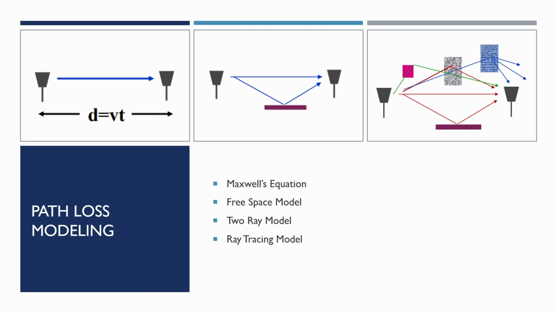The third one is the ray tracing model, where we use reflection, scattering, and diffraction to calculate all the possible paths of a signal. This requires site geometry and properties, but it is easier than Maxwell, because we use geometry rather than differential equations.